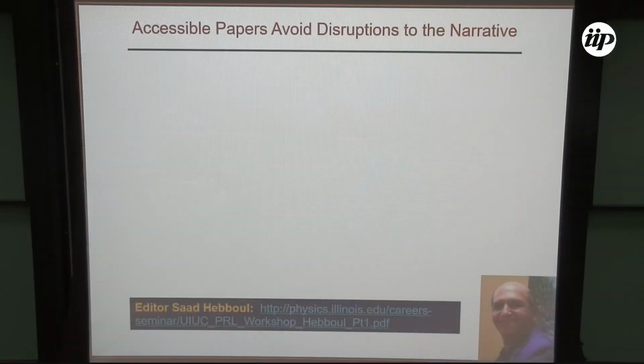Okay, so now that you've formulated a coherent story, how do you write the story so that you can keep the reader along for the ride, going from the introduction to proving your point?